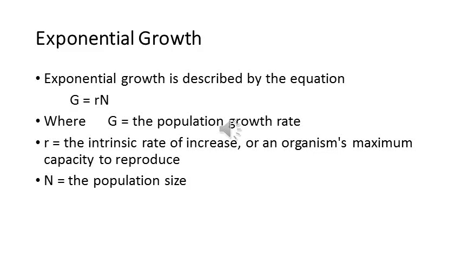With the help of this equation, we can find out the population growth rate if we know the maximum reproductive rate or capacity of an organism and the starting population size. So we can calculate the population growth rate of any population with this equation.